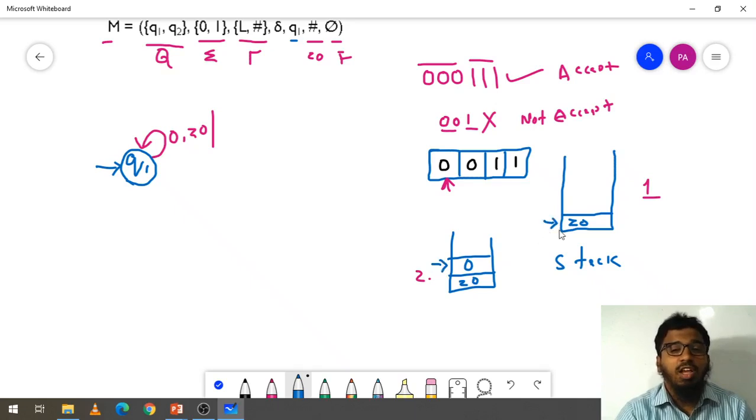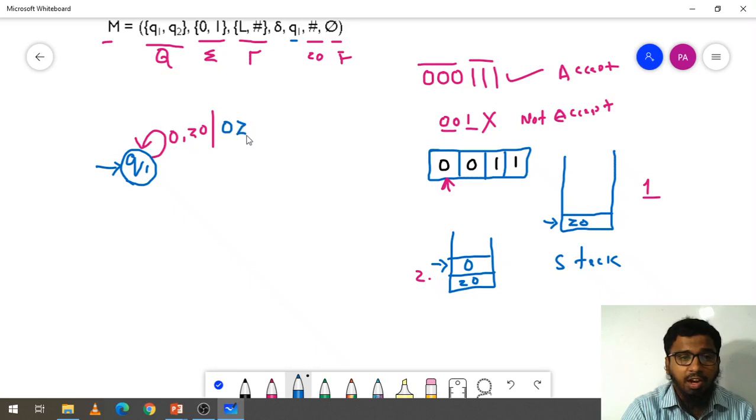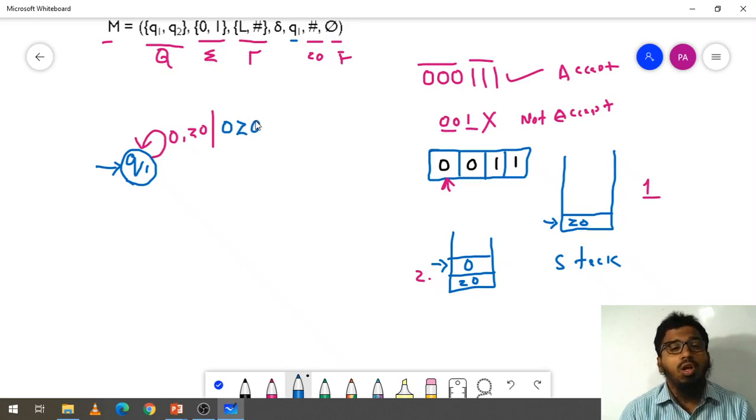In the first step my header was here, so 0 comma Z0, and now we need to simply add whatever is present in the stack, 0, Z0. So this is your answer. That means whenever Q1 on 0 and stack is Z0, at that time we will get the answer 0, Z0. I hope you understand this.